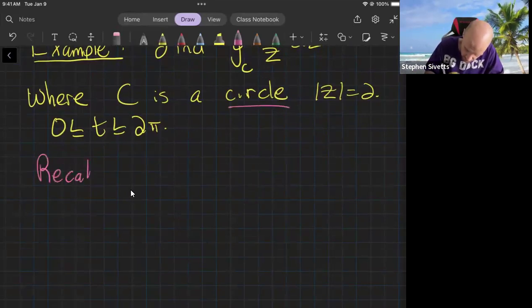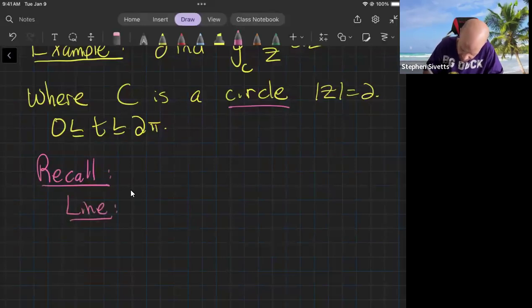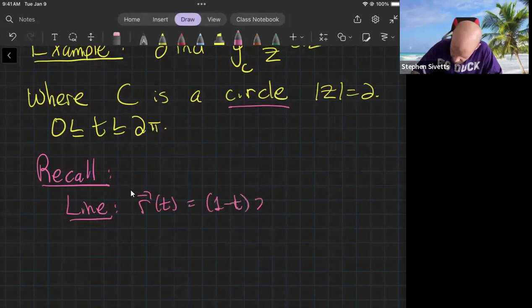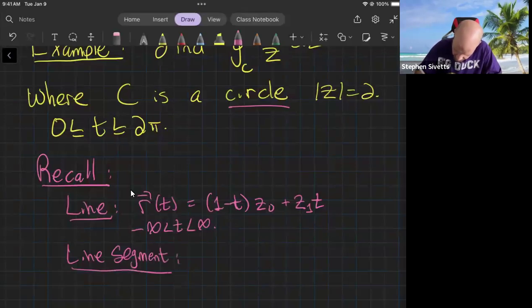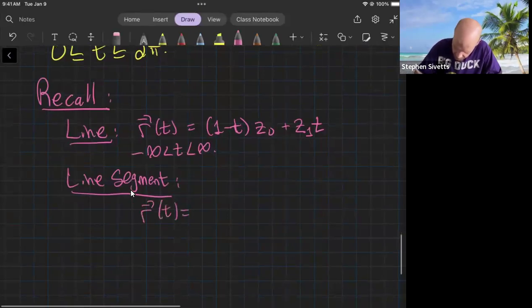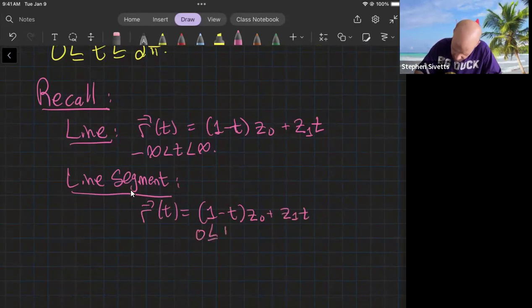So we need to recall some curves. To parameterize a line segment, r of t equals 1 minus t times z0 plus z1 times t, where t is in between 0 and 1, and this goes from the point z0 to z1.